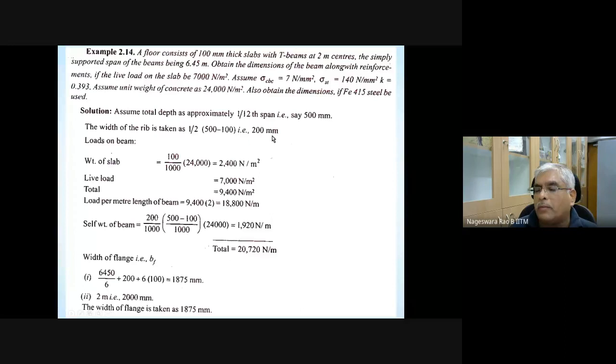So 200 mm. Now we need to find the self weight of the beam and slab, along with the live load that is given.